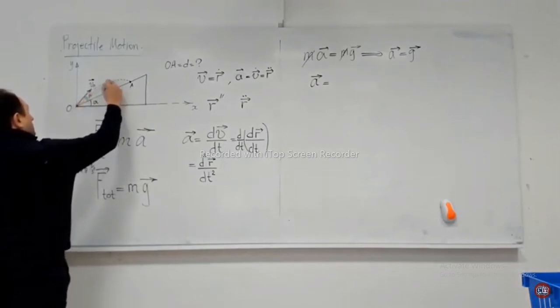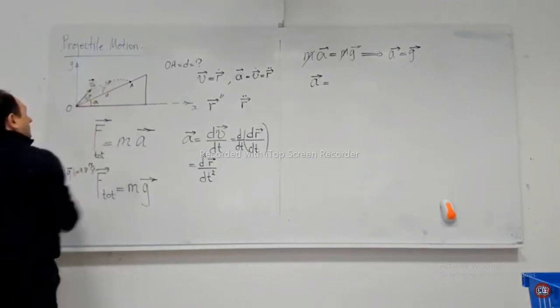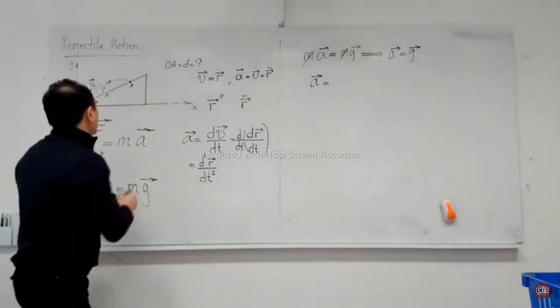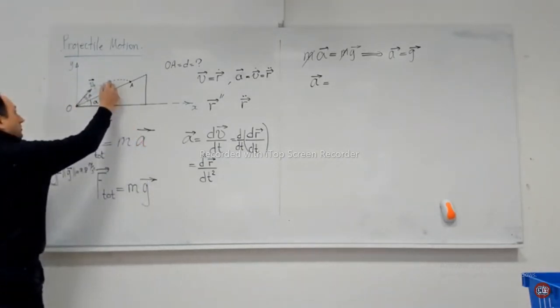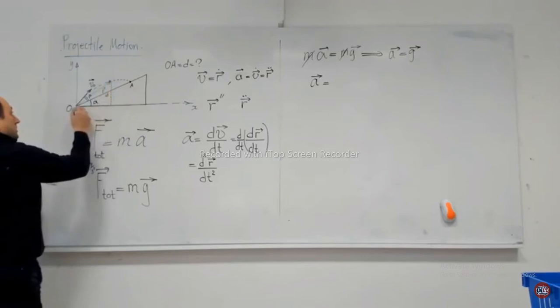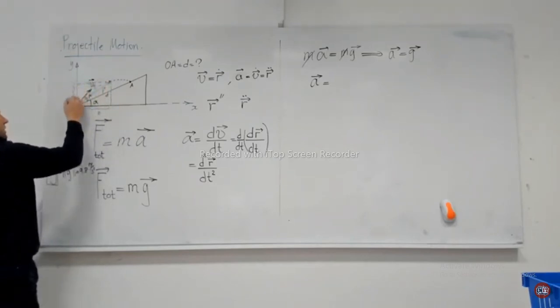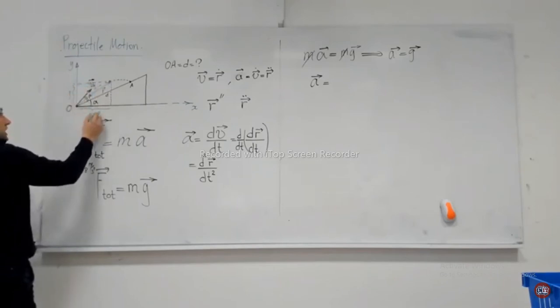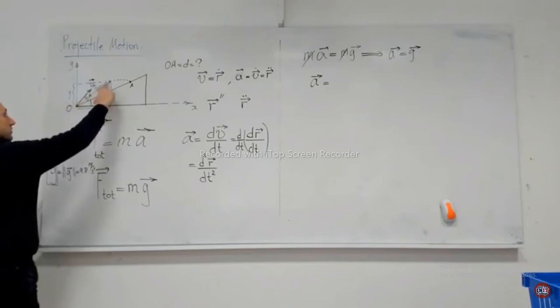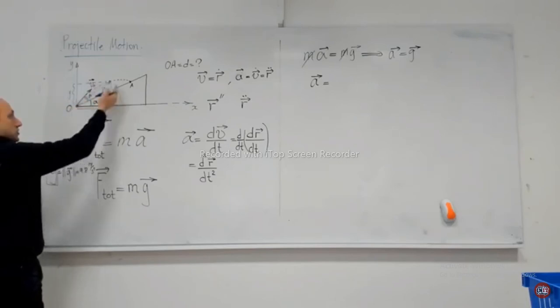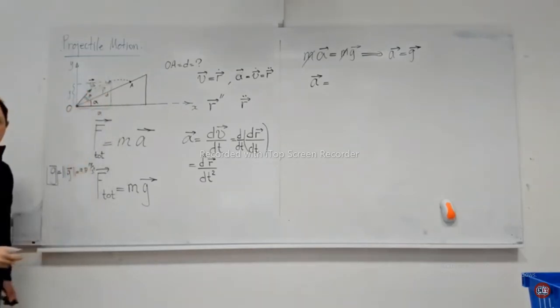I can denote it by this vector r. Yes? So this position has an x, so what are the components of this vector? Let me call this one x, let me call this one y. If someone asks you what x and y are, I would say that x and y are components of this vector, and this vector is called the position vector. It denotes the position of my particle.